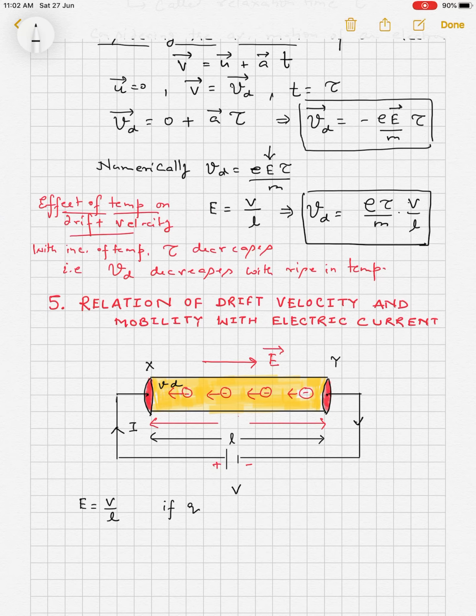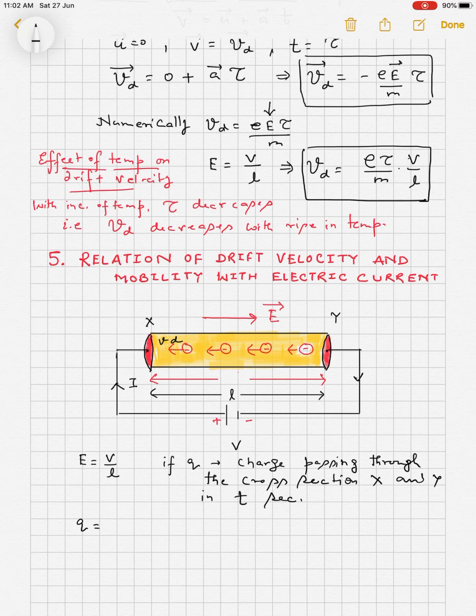If Q is the charge passing through the cross section X and Y in t seconds, then I equal to Q upon t.